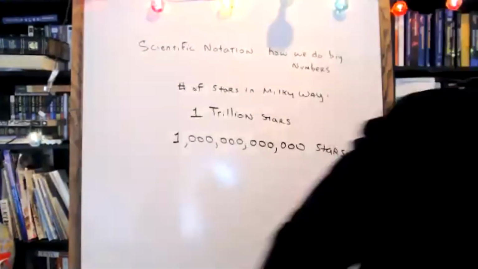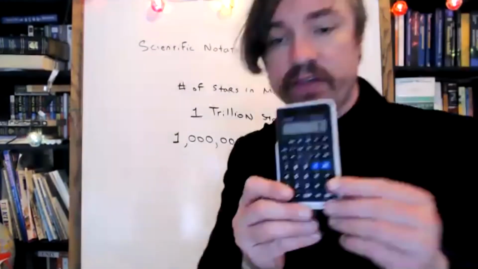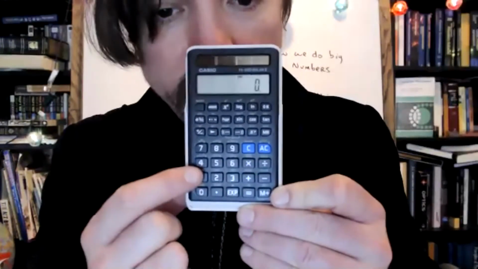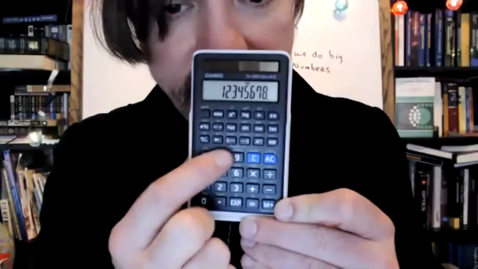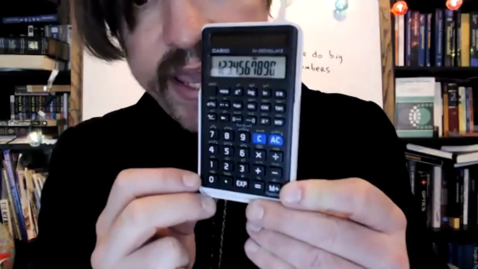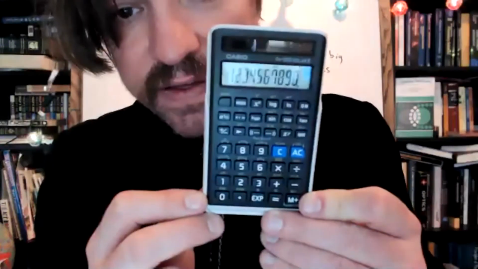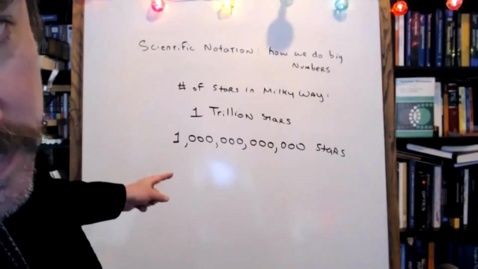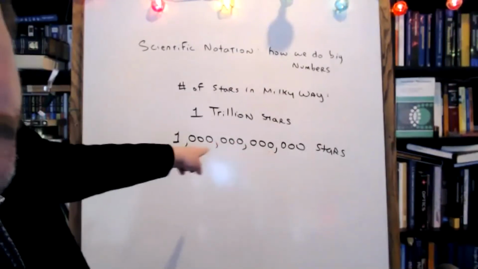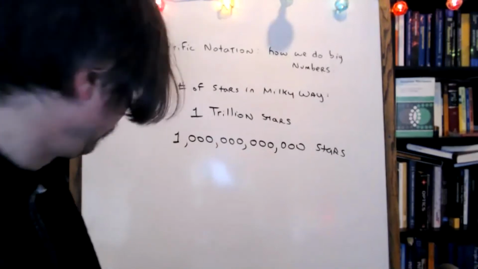You cannot put 1 trillion into the Casio calculator. Let's take a look at how many digits we have to work with here. 1, 2, 3, 4, 5, 6, 7, 8, 9, 10. We can only work with 10 digits. This has 13 digits, okay? So we're going to need a better method of punching numbers like this into our calculator.